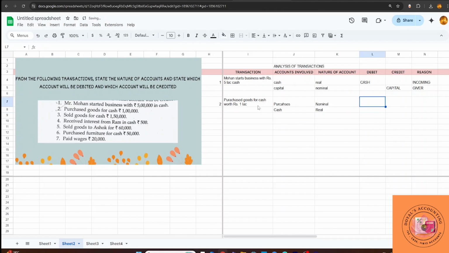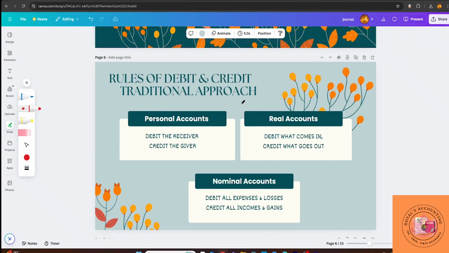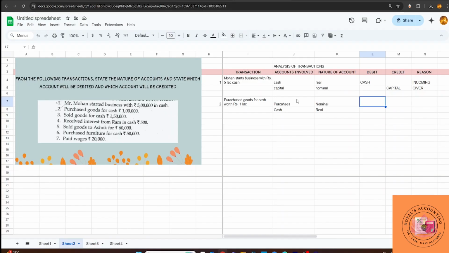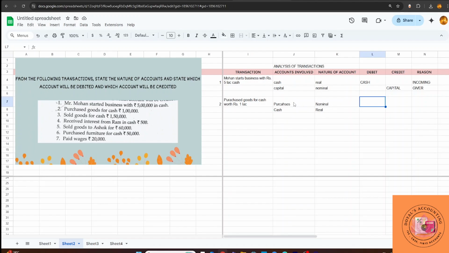So what will be debited? What is the rule of a nominal account? Debit all expenses and losses and credit all incomes and gains. Purchases by nature is an expense because we are paying money to acquire goods.